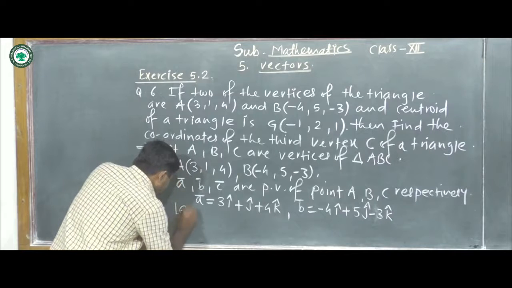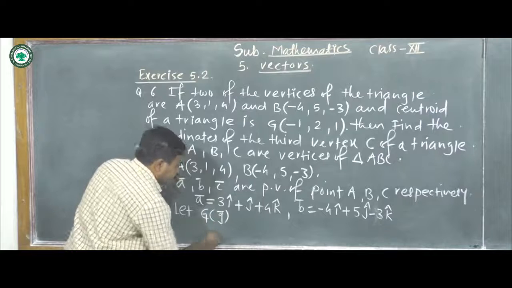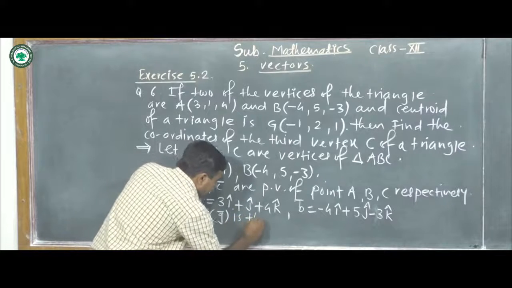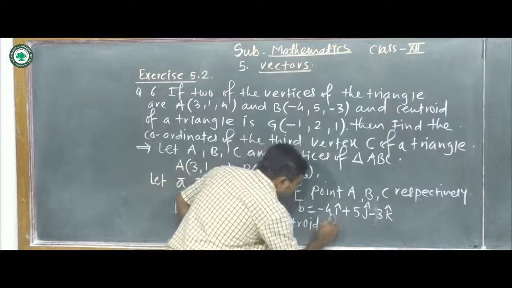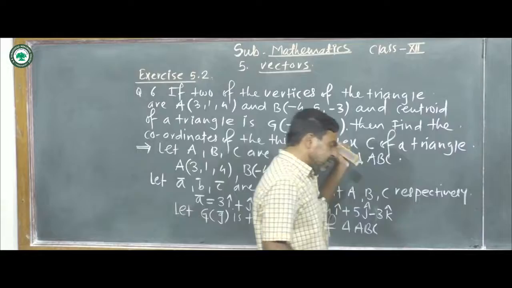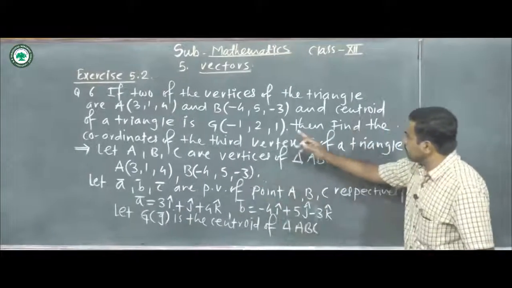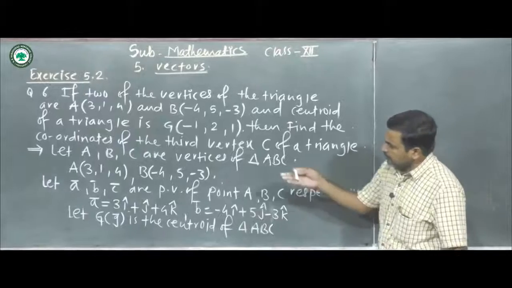Let the point G with position vector g bar be the centroid of triangle ABC. So the centroid is given, that is (-1, 2, 1). Its position vector is g bar.